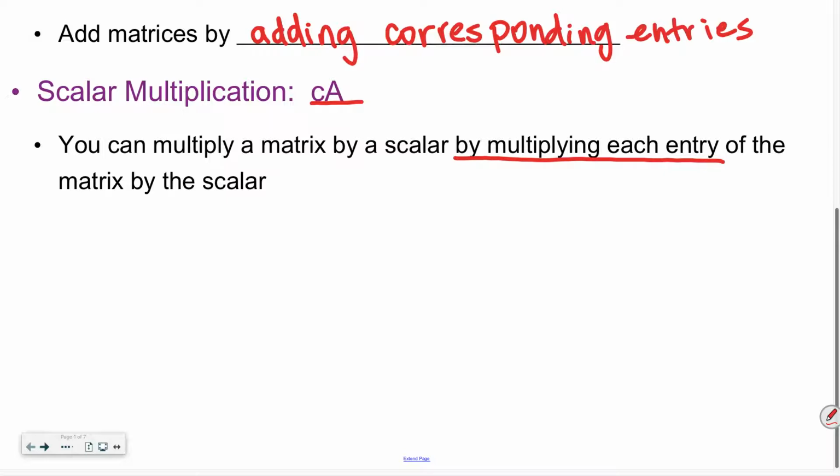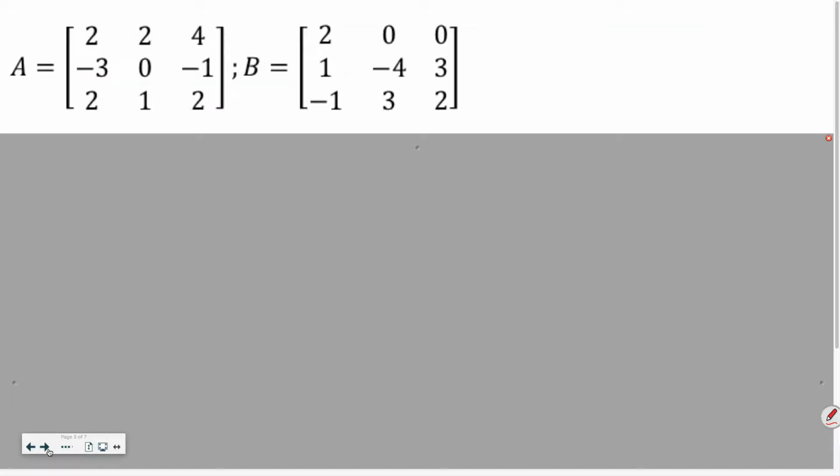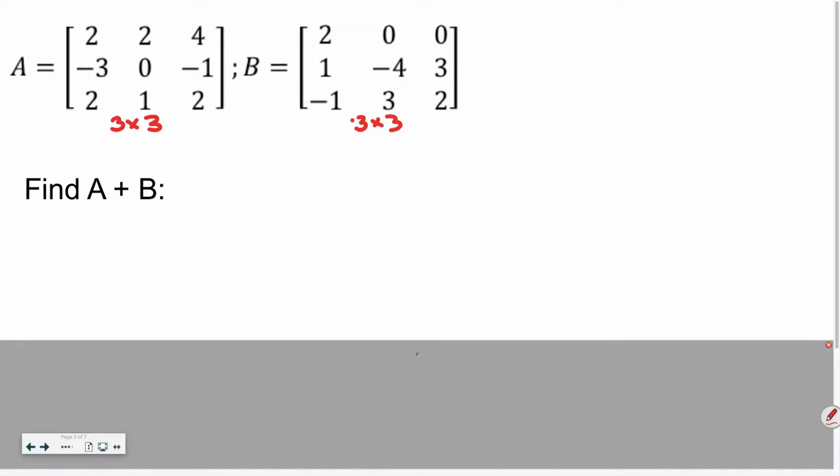So down below that box, you have these two matrices, right? A and B. What's the order of A? What's the order of B? So yay, they are the same. And since they're the same, we can add them together. Okay?